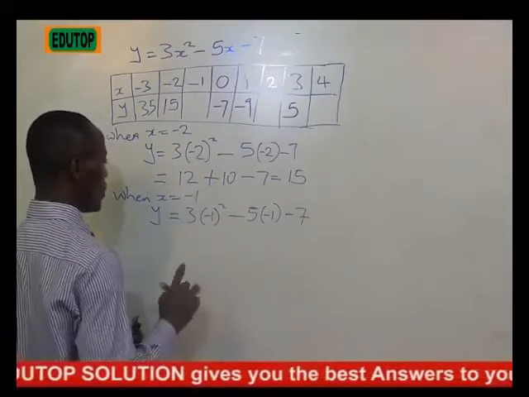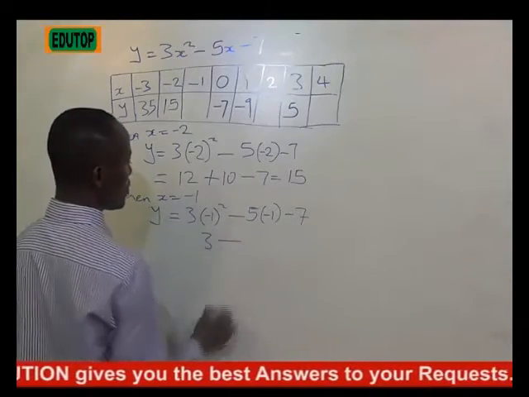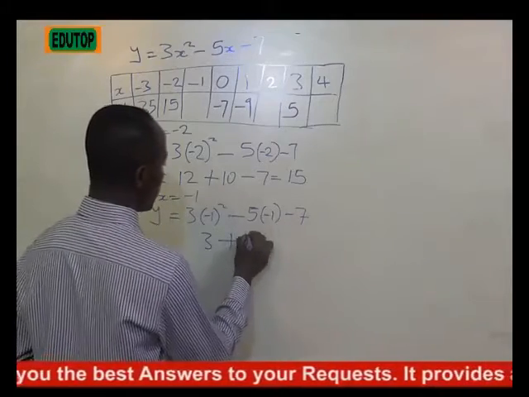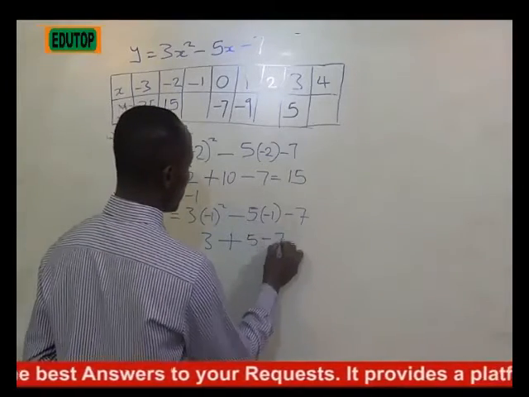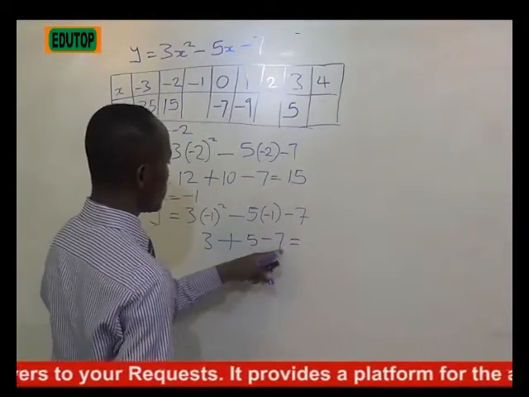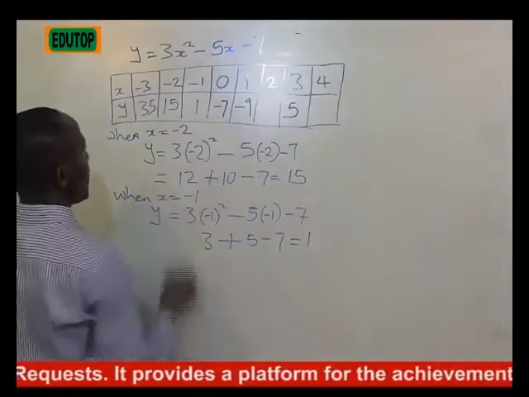Minus times minus will give us plus. So 3 times 1 is 3. Minus times minus will give us plus, 5 times 1 will give us 5. 3 plus 5 is 8, 8 minus 7 is 1. So we'll be having 1 here.